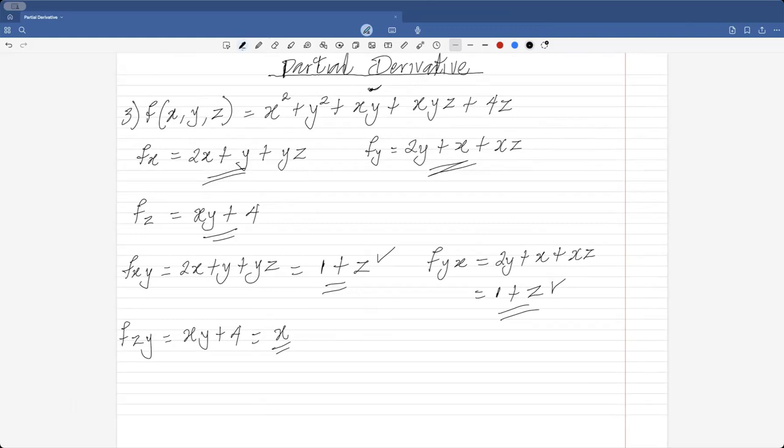If we switch it and say fyz, are we going to have the same answer?